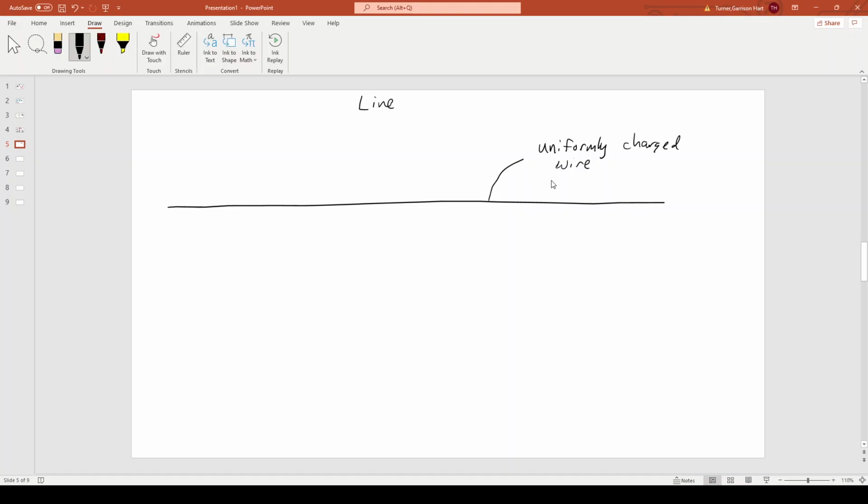And the uniformly charged wire is going to have a charge density of lambda. And what we want to do is find what the electric field of this wire is.